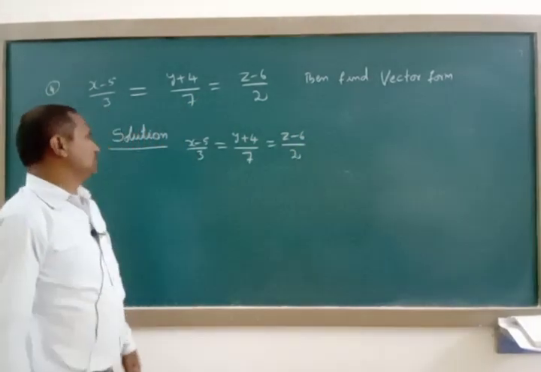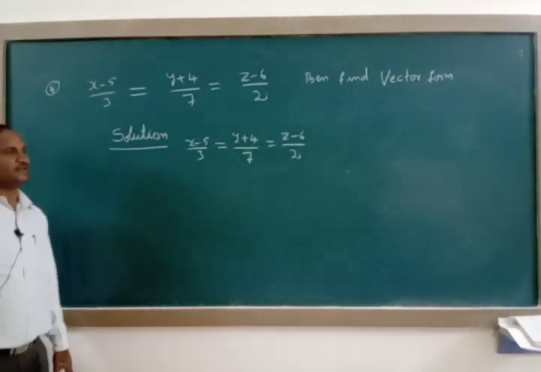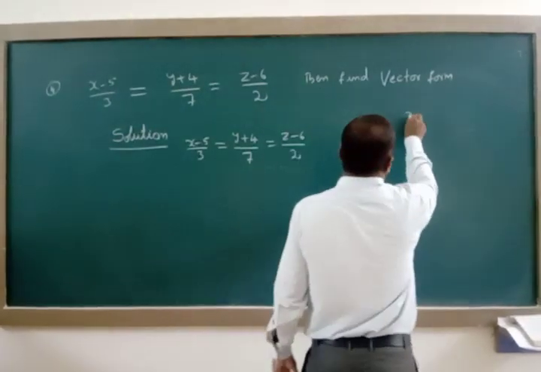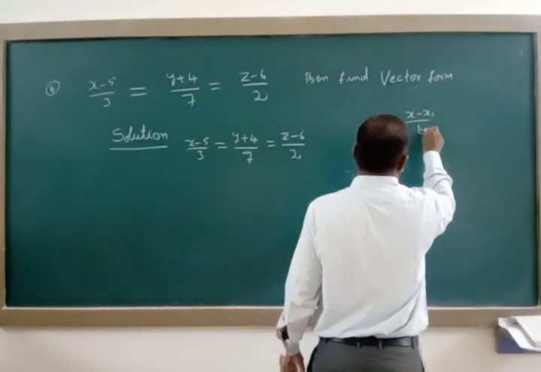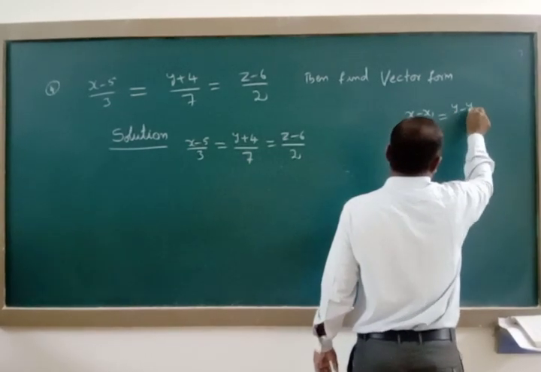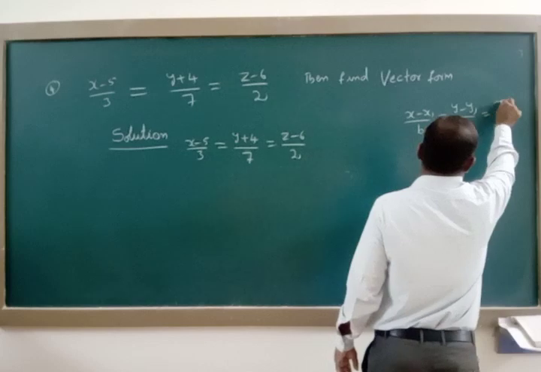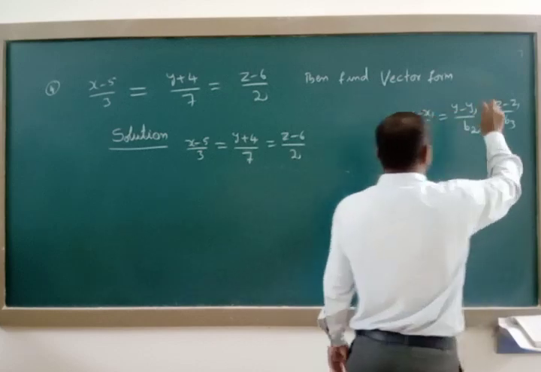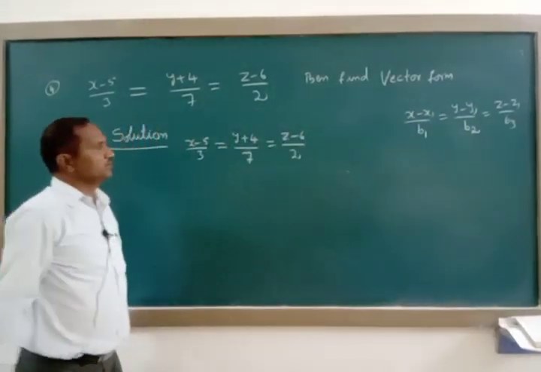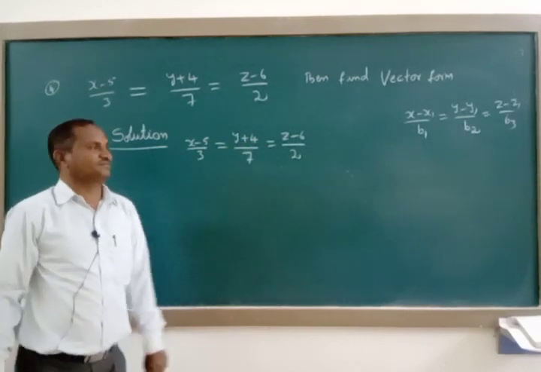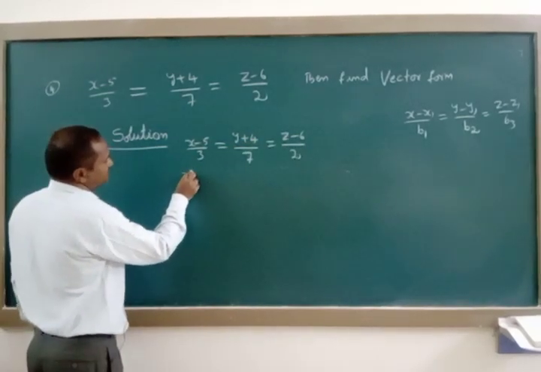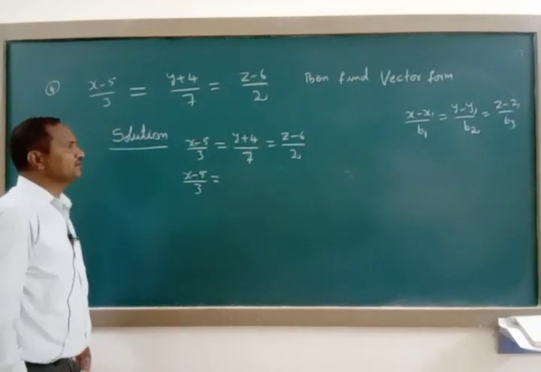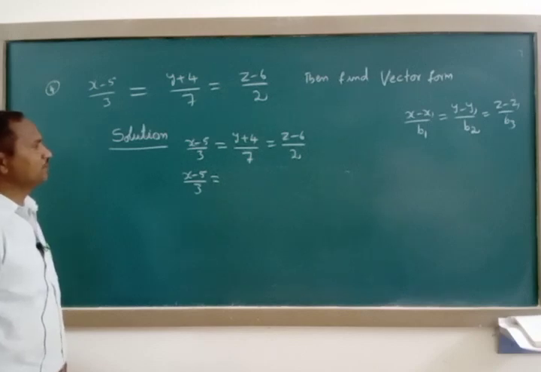Just now I told, whenever you see equations of straight lines in three-dimensional geometry, try to convert them into the form (x minus x1) by b1 is equal to (y minus y1) by b2 is equal to (z minus z1) by b3. Wherever you see equations of lines like this, we must convert them into that form. Like this, (x minus 5) by 3 is already in the form of (x minus x1) by b1. But the second one is not in that form. Plus 4 is there.